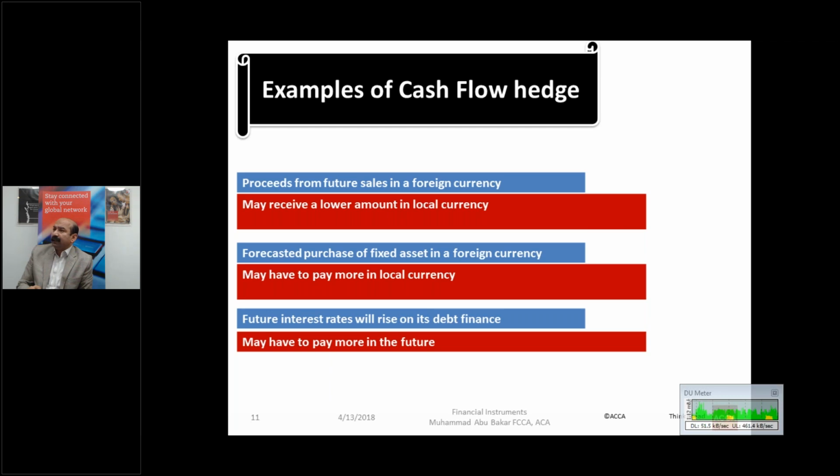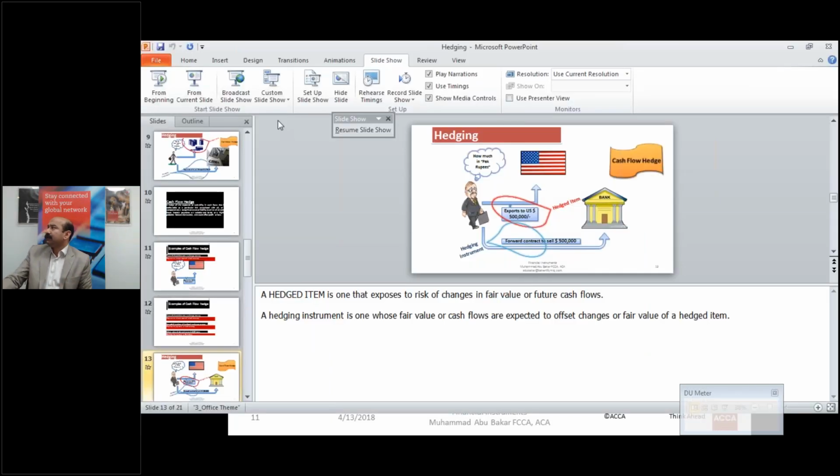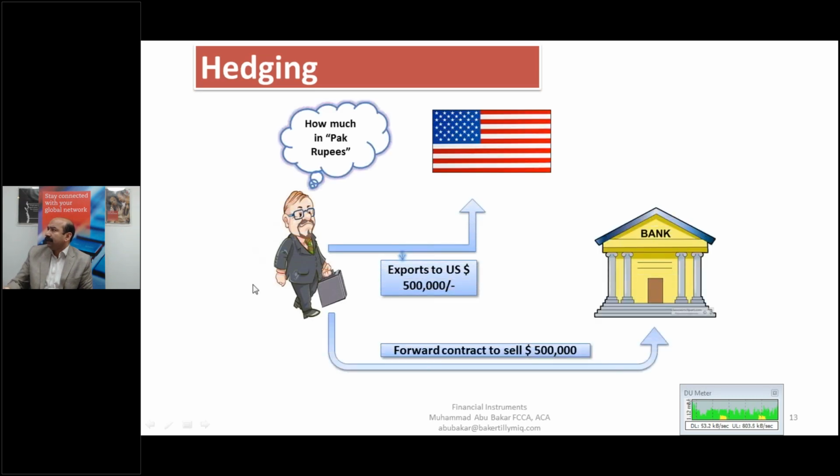So as we saw in these slides, this person was worried about the future amount which he will receive, or when he will convert $500,000 into his local currency, which is in this case Pak rupees. So he will be worried about that. So that's why he entered into a forward contract. So this is an example of a cash flow hedge.